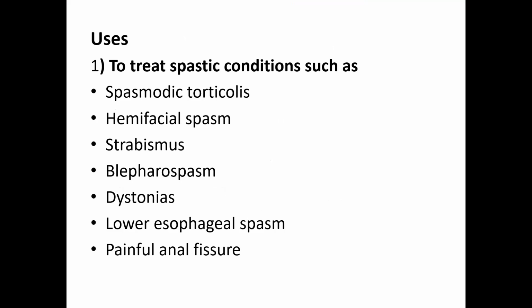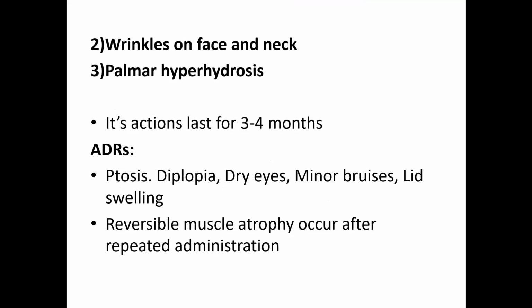And the uses of botulinum toxin are to treat spastic conditions such as spasmodic torticollis, hemifacial spasm, strabismus, blepharospasm, dystonias, lower esophageal spasm, and painful anal fissures. It is also used to treat wrinkles on the face and neck. And because of its anticholinergic properties, it is used in the treatment of palmar hyperhidrosis.